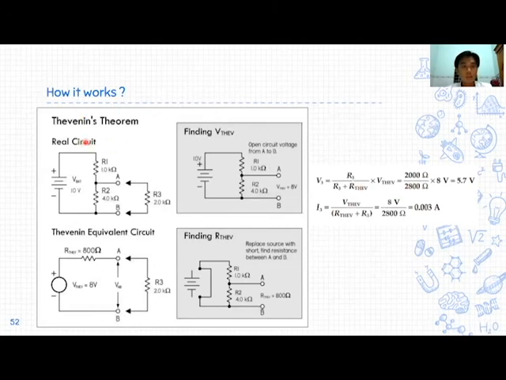Okay, we have a real circuit here, and we apply Thevenin theorem here, and we remove the load R3 here, and consider this circuit.